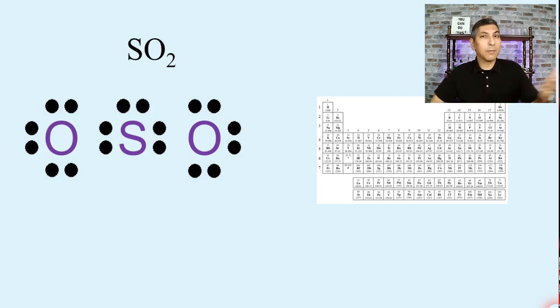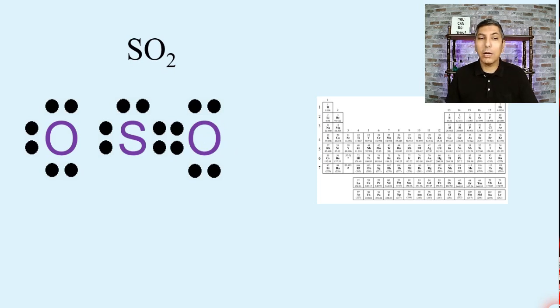And once again, I'll ask myself the same question as before: does everything have 8? And it looks like the oxygens have 8, but the sulfur only has 6 valence electrons the way it's drawn here. So once again, just like before, I'm going to have to move some dots around so that everything has 8. So I'll do kind of like I did before, and I'll move a pair of dots from the outside of the oxygen there to the middle, just like that.